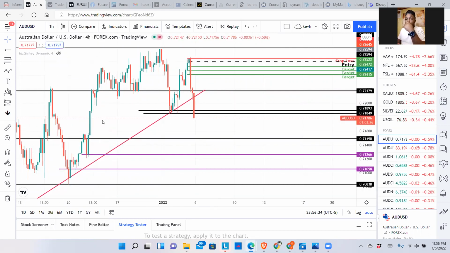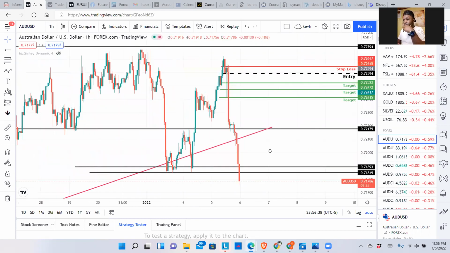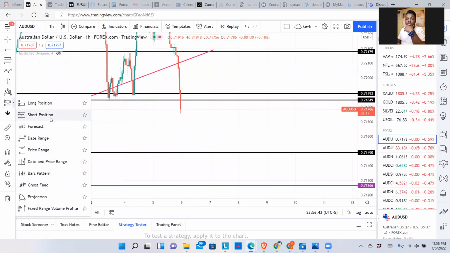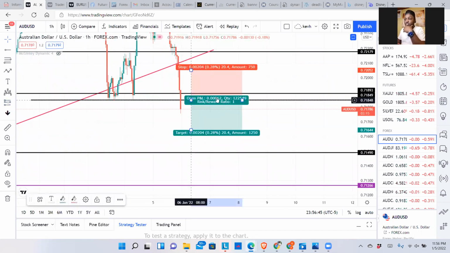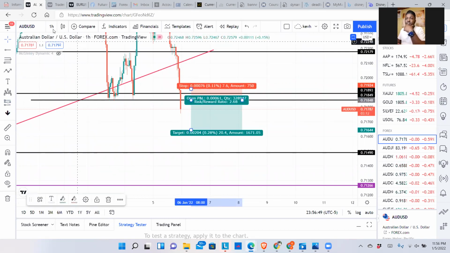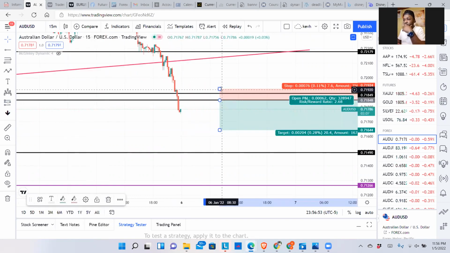I like to drop down to the 1 hour, if we can get our short position right here.